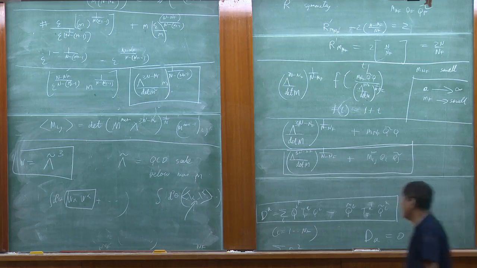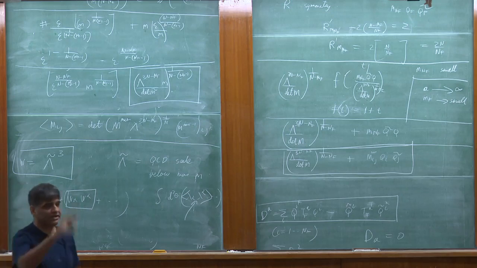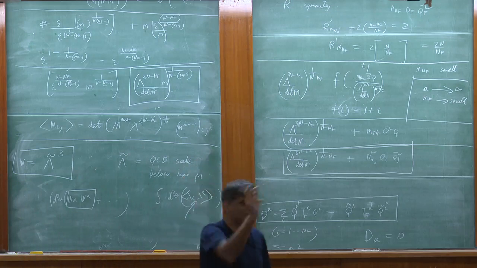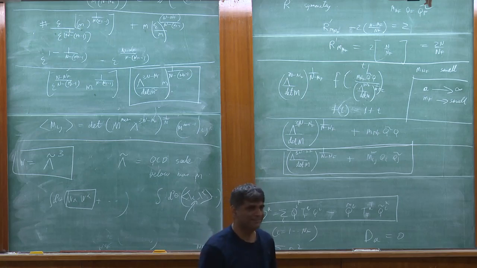How did it come? It came by putting this back into the superpotential. Then you get some expression in terms of lambda QCD of the original theory and the masses. And then you ask, but what is the low energy lambda by matching?